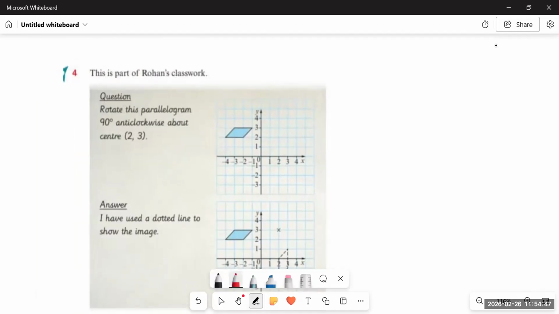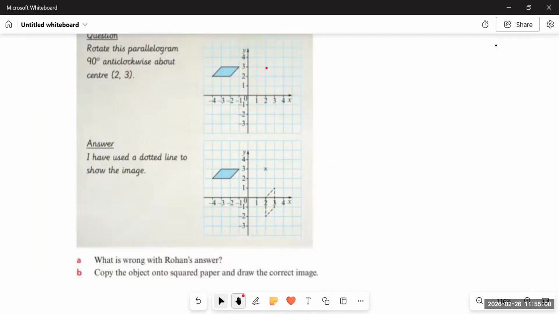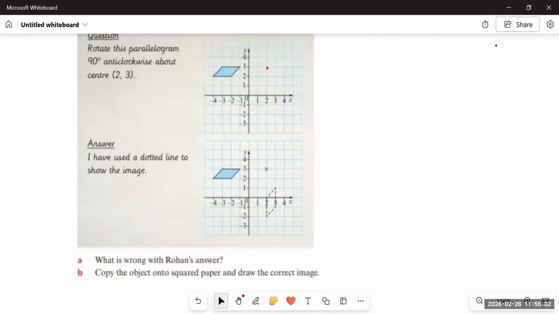So where is 2, comma 3? 2, comma 3 is here. And what has Rohan done? Rohan is saying, I have used a dotted line to show the image like this. And what is wrong with Rohan's answer?